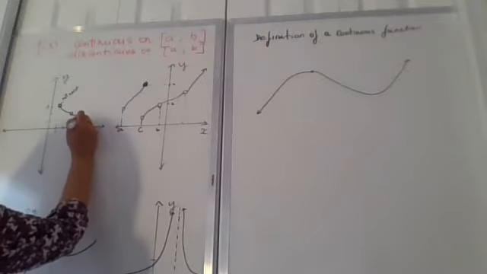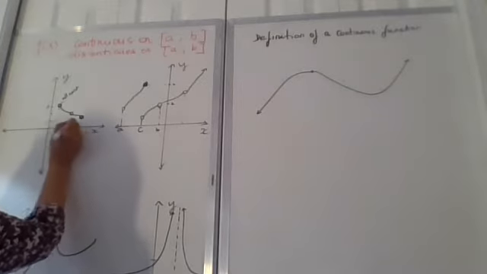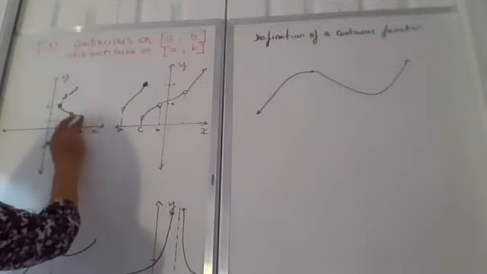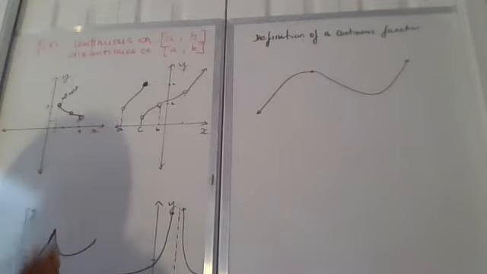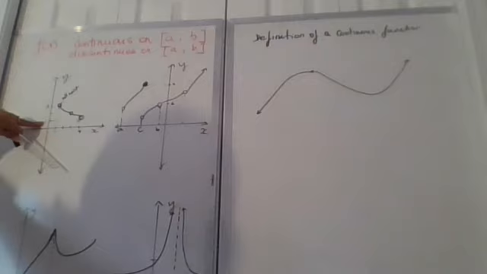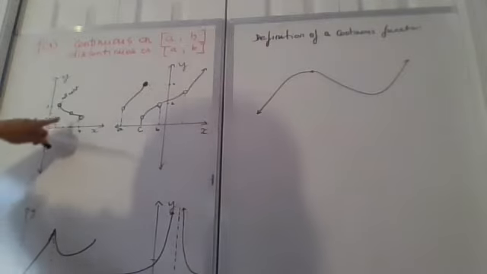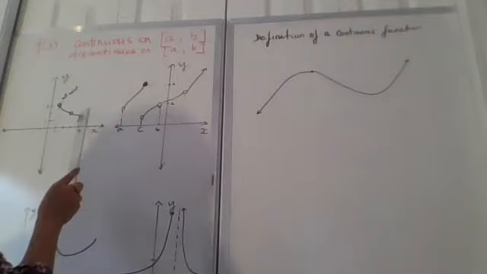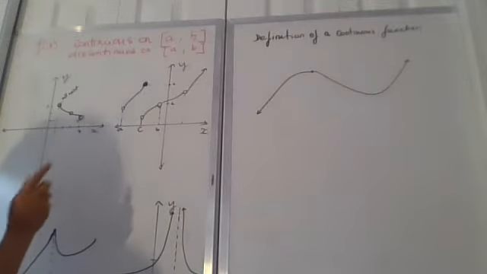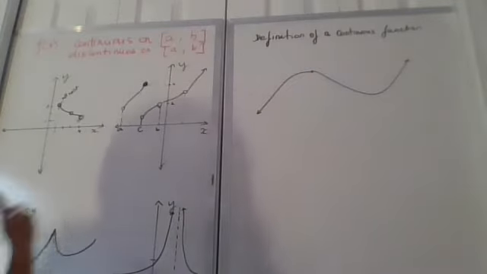As well here, there's a hole, so the y value at 1 is empty because of this empty circle, and this y value does not exist at 1 as well. So this is one case of a little bit of discontinuity.